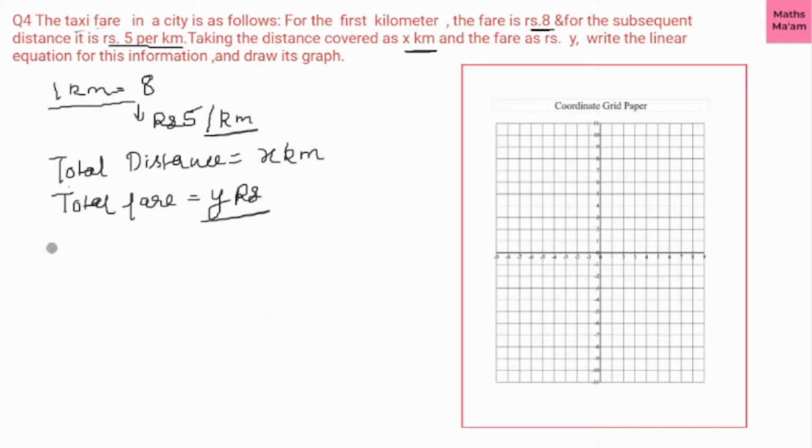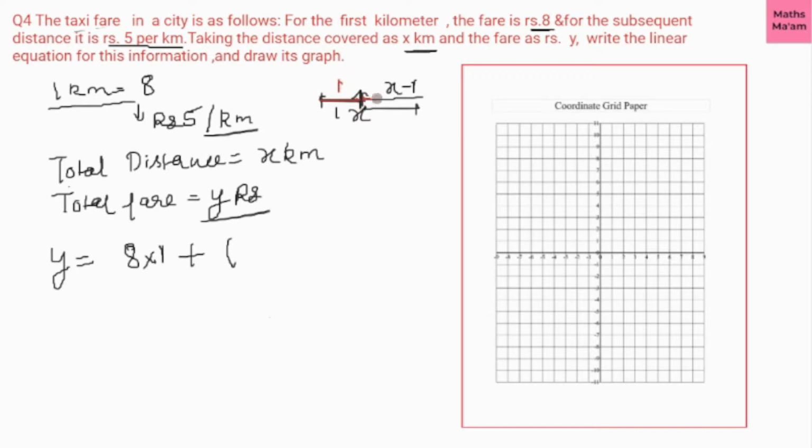So we can say Y is equal to what? First of all, out of X kilometer, for 1 kilometer it is 8 rupees, 8 times 1 for 1 kilometer, right? After that, how much distance is left after 1? This distance is X minus 1, because we have covered 1 kilometer, from 0 to 1.